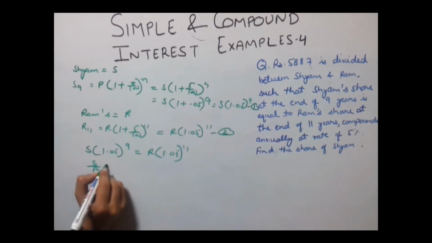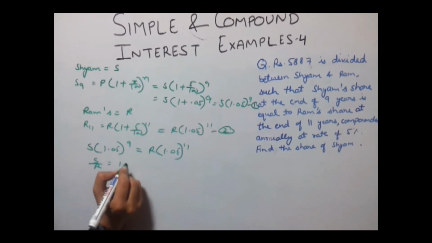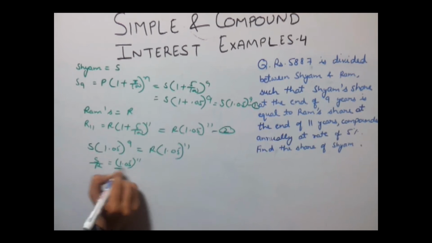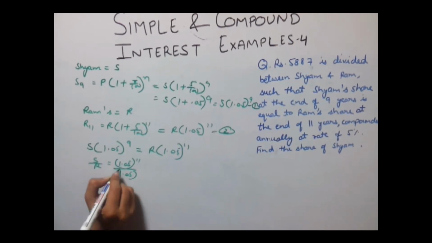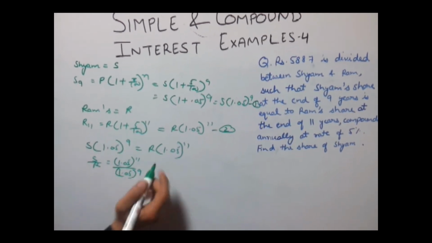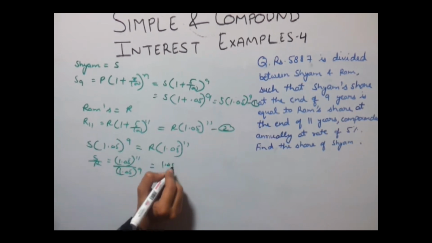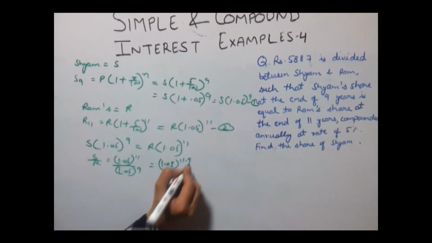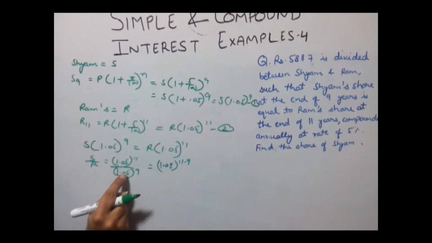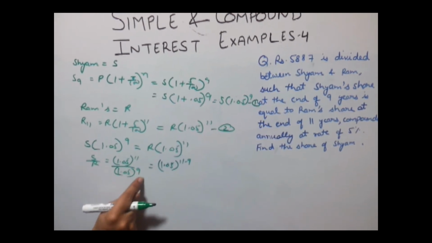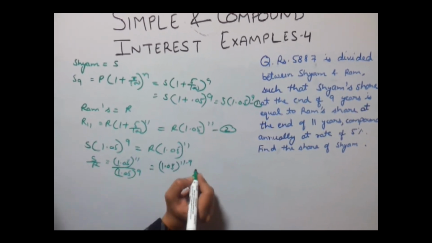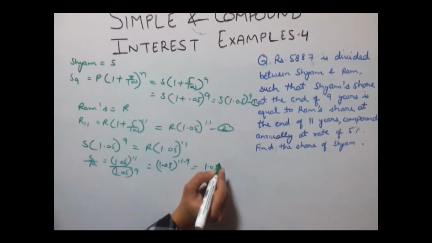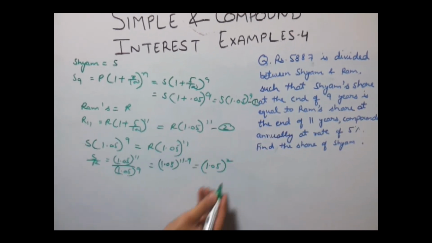S by R is equal to 1.05 to the power 11 upon 1.05 to the power 9. This will give us 1.05 to the power 11 minus 9, because if the values are same over here and only the powers are different, we will subtract them, which will give us 1.05 square.